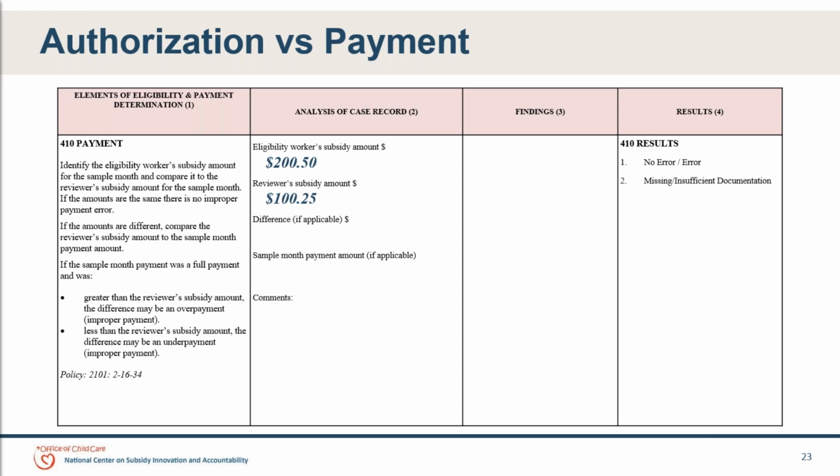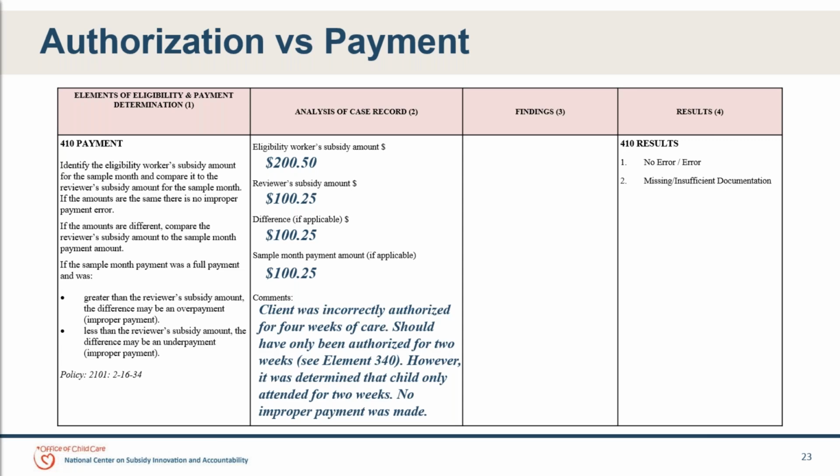So the child should have only been authorized for 2 of the 4 weeks. That's a difference of $100.25. However, since the school closed for the summer halfway through the month and the child only attended 2 weeks and the provider was only paid for 2 weeks, the payment amount was that $100.25.